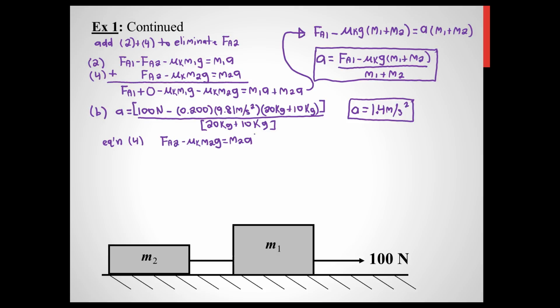Get FA2 by itself by adding mu k M2G to both sides. So that would then become M2A plus mu k M2G. When I plug numbers in, I want to plug in as little as possible, so I'm going to simplify one step further. I can factor out a common M2. That would now be A plus mu k times G.